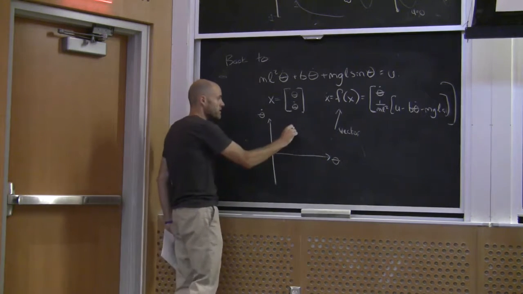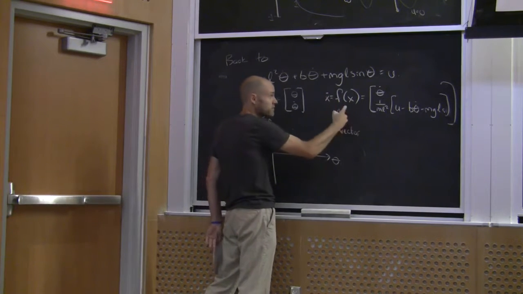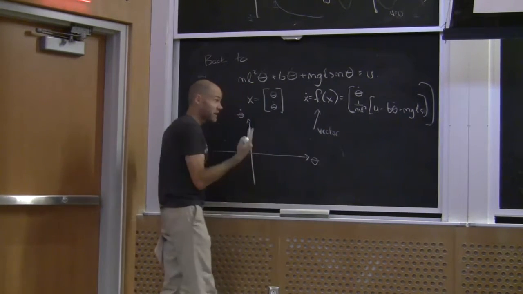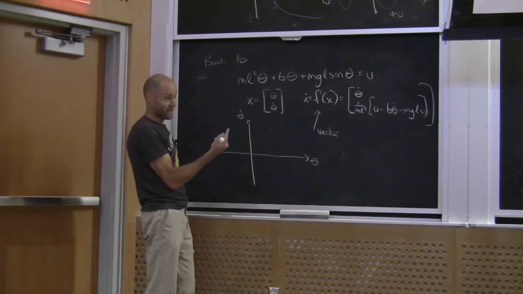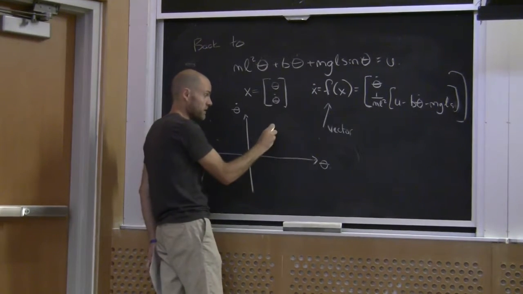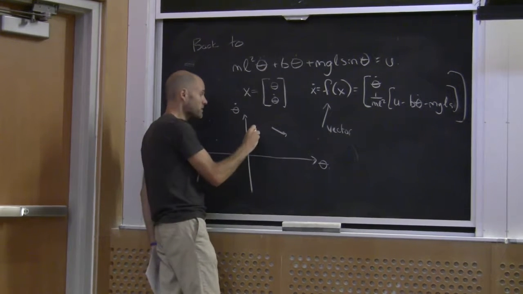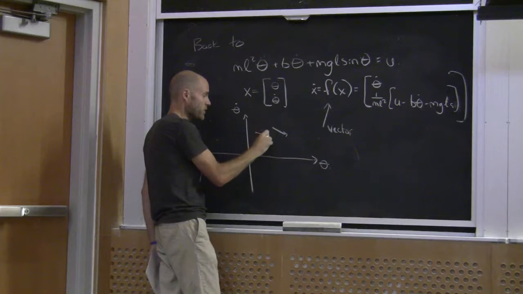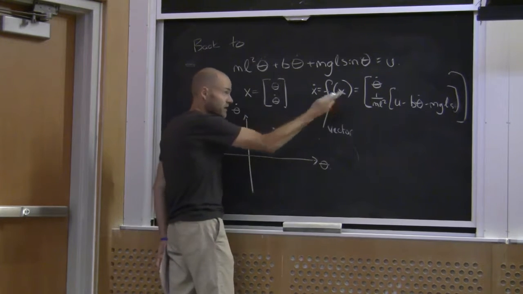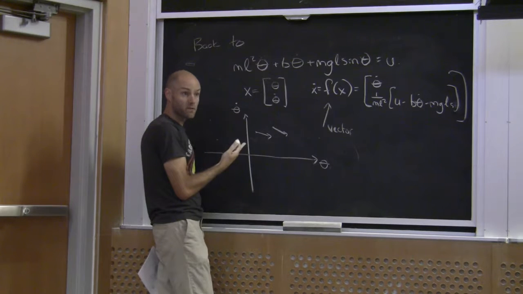And at every point, theta, theta dot, I can figure out what x dot is, my vector valued function. It's a vector of two variables, so I'm going to draw it as an arrow in this spot. Right? So for every point, I can evaluate this, get a vector out, and draw the vector, and that's my vector field.